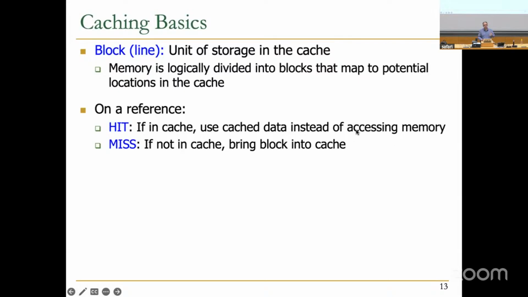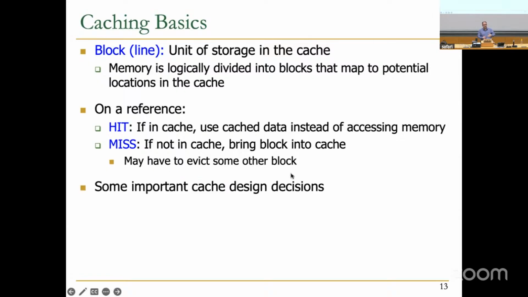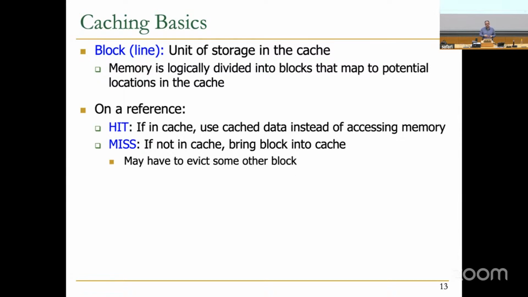If you can't find the data you're looking for in the cache, you have a miss, and then you need to bring the data into the cache from lower levels. And that may have to evict some other block, because the capacity of your cache is not infinite, so you might have to evict some other blocks in order to make room for your current blocks.